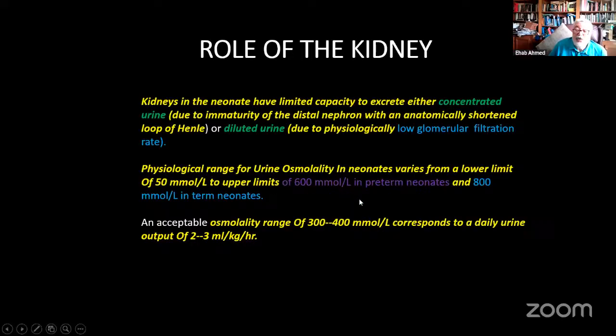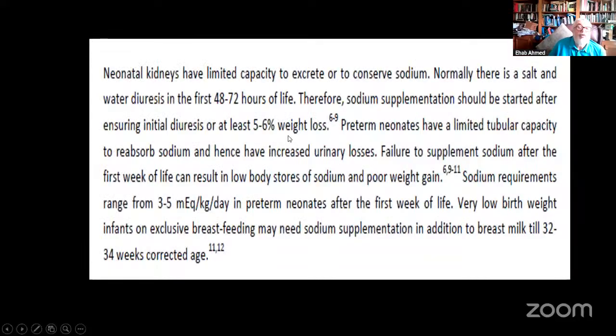The ability to concentrate urine is more or less the same, but the ability to dilute urine in the preterm baby is less, as we are going to see. So the kidneys of the newborn baby have limited capacity to excrete or to conserve sodium.